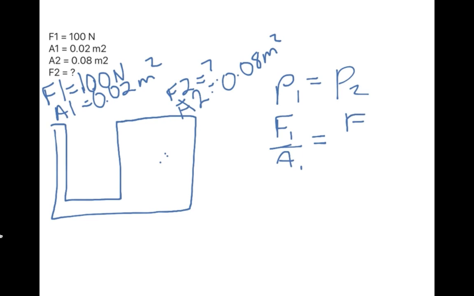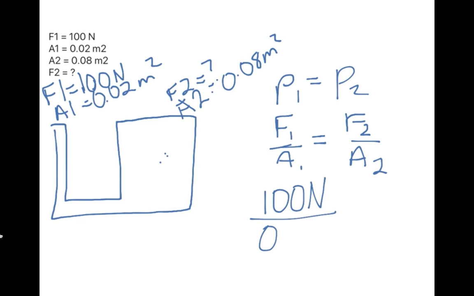So that will be force 2 divided by area 2. Okay, now let's fill in from our formulas. Force 1, 100 newtons, divided by 0.02 meters squared equals, we don't know, that force 2 divided by 0.08 meters squared.